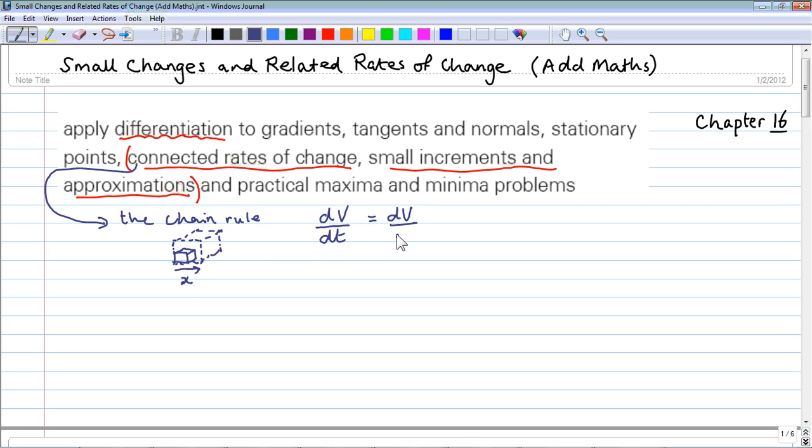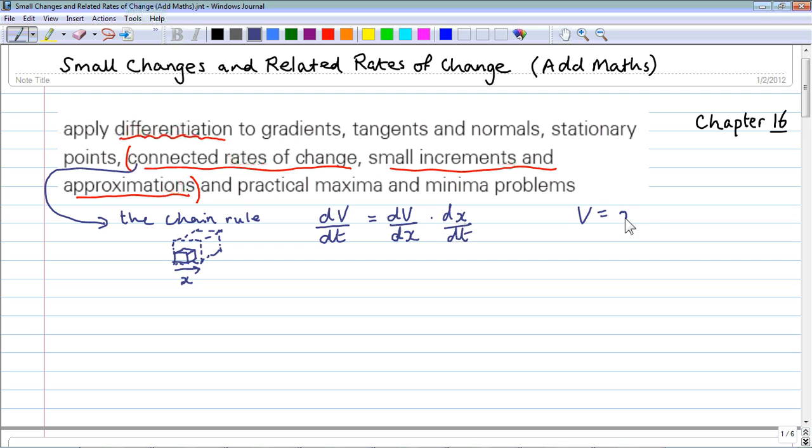Well, then we could use the chain rule and write dv by dt equals dv, volume, by dx, which is a distance, times dx by dt. So however fast this quantity x is varying, you have to multiply that rate of change by the rate of change of volume with respect to x.